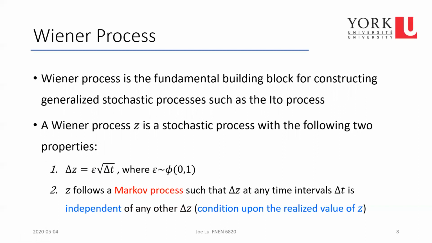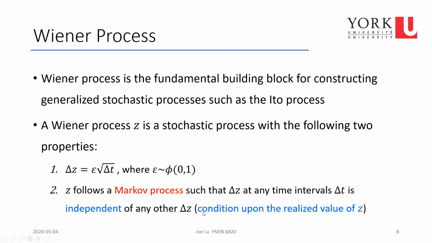And number two, a Wiener process, Z, follows a Markov process, which means the change delta Z is only a function of time and of the current state variable Z_t, and does not depend on Z_{t-1}, Z_{t-2}, and so on. So it doesn't depend on this history. It only depends on the current state itself.